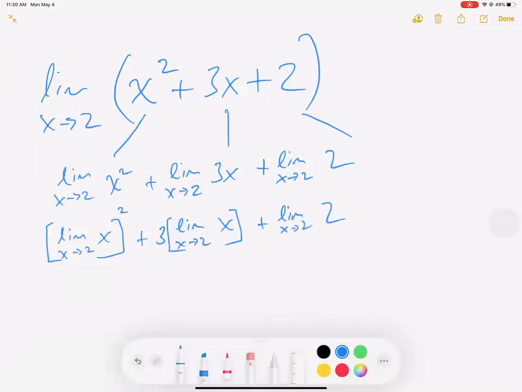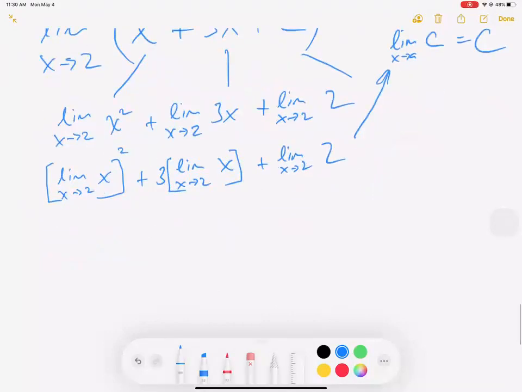That's a constant. The rule here is the limit as x approaches a of a constant is just like a constant. It doesn't change. If I told you my height is 6 feet tall, my height is going to be 6 feet tall no matter what time of the day you call me.